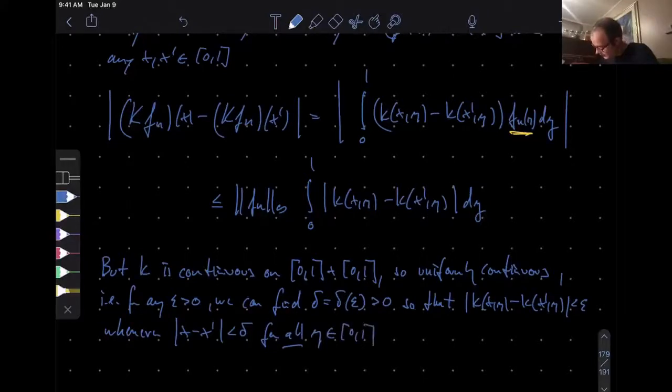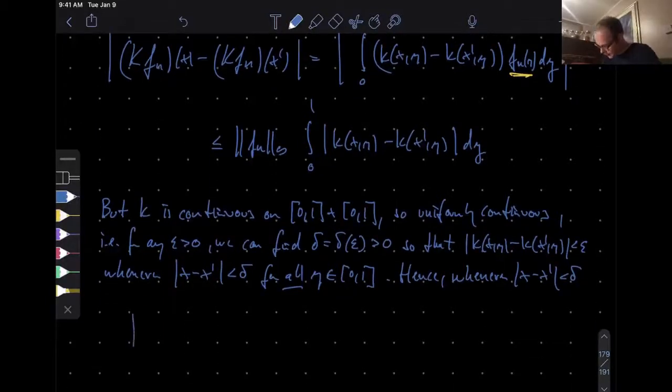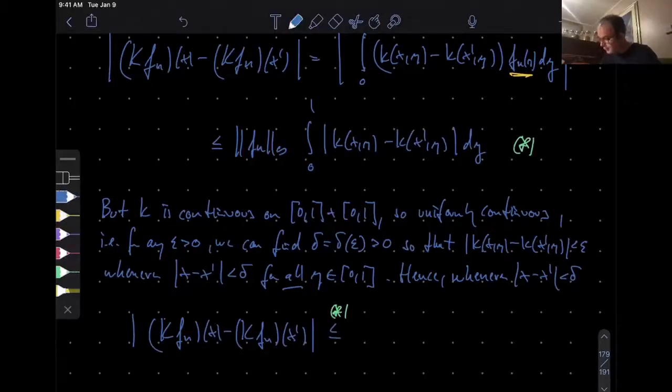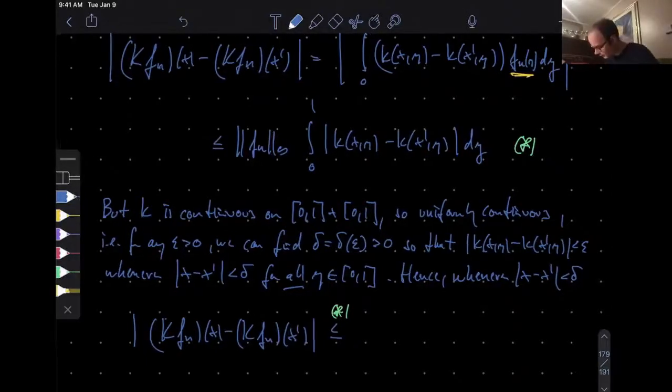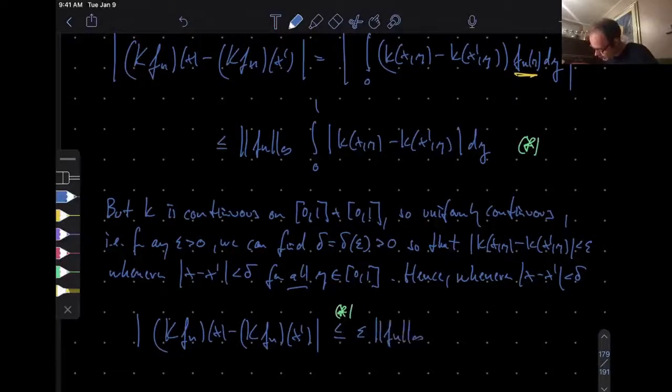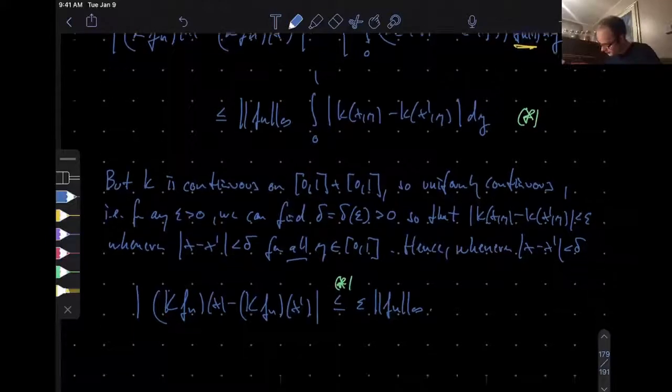Hence whenever x minus x prime is sufficiently close, we have the following estimate of Kf_n(x) minus Kf_n(x prime). We just continue from up here, because now you have control over that integral. So that will be less than epsilon in the integrand, and then the length is 1, so you just have epsilon times f_n in infinity norm, right?